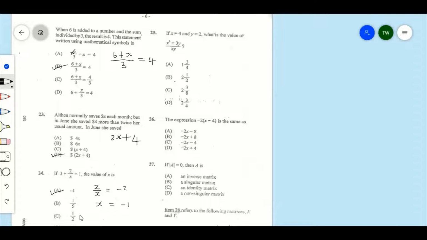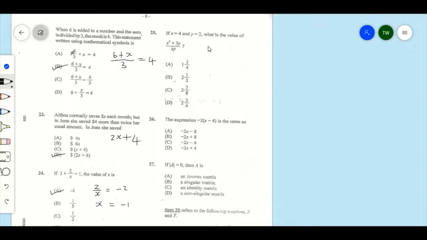Now to question 25. If x is equal to 4 and y is equal to 2, what is the value of x squared plus 3y all divided by xy? Now what this is saying is, wherever you see x in this formula, you must replace it with 4, and wherever you see y, you must replace it with 2.